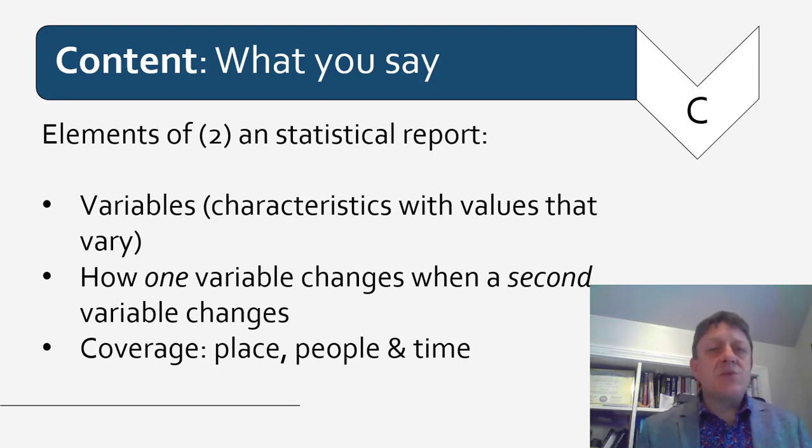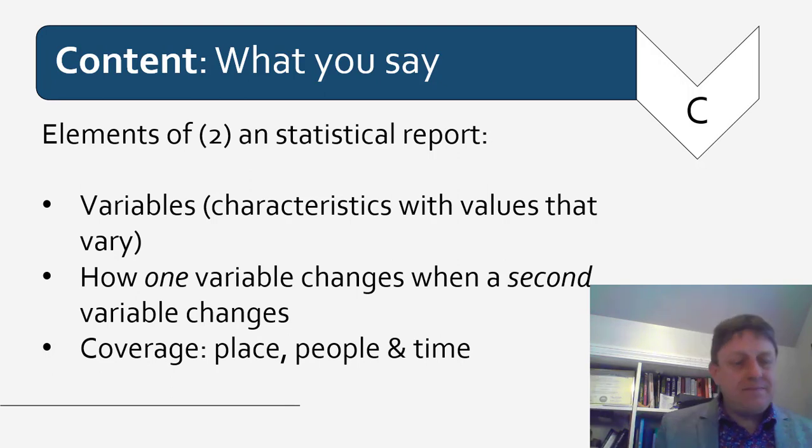Variables are characteristics with values that vary, and how one variable changes when a second variable changes. That's a bivariate relationship. You might end up having a multivariate relationship to talk about, which is how two variables or more varying together lead to differences in the observed value of the outcome.